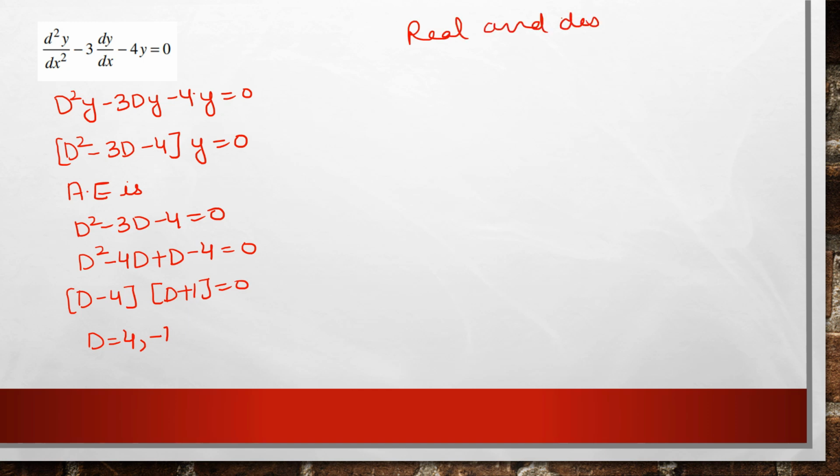So by using the first rule, your complementary solution will be y equals, the dependent variable, equals the first constant c1 e power the first root 4 into the independent variable x, plus c2 e power the second root minus 1 into the independent variable x. So this is the solution.